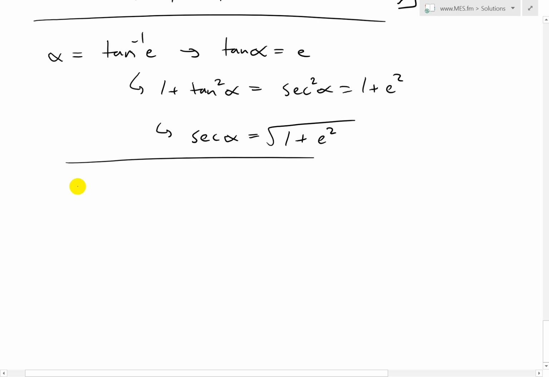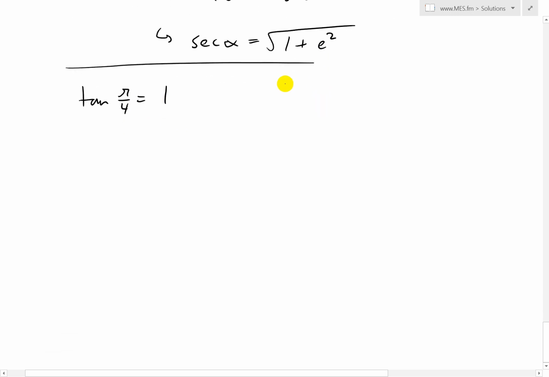Also recall that we showed that tan of pi over 4 is just the exact trig ratio of 1, so that just equals that. And if you look at a triangle like this, this is opposite over adjacent, 1 over 1, and this angle is pi over 4.